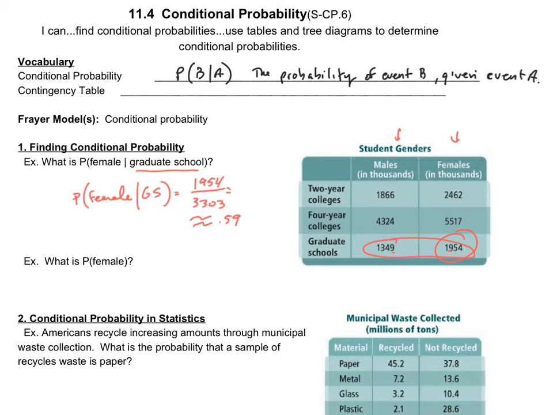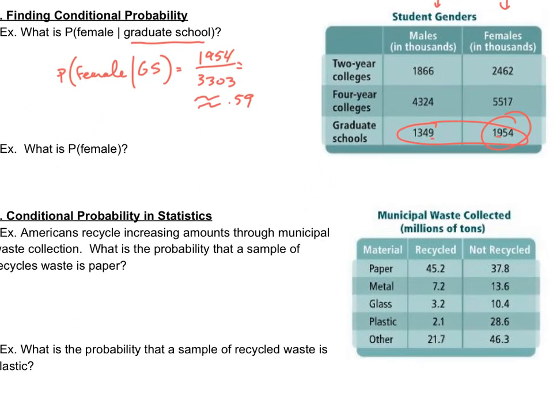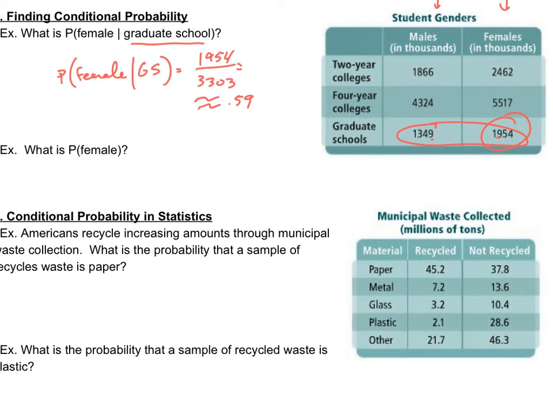And then what is the probability of females? Looking at our information, the total number of females is 9,933. What is the probability of it being a female student?